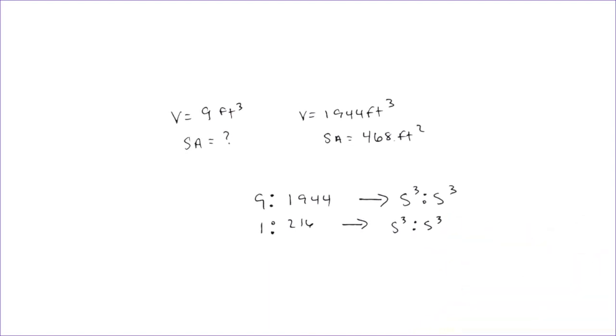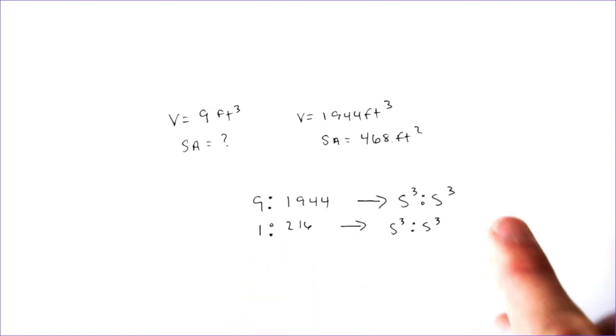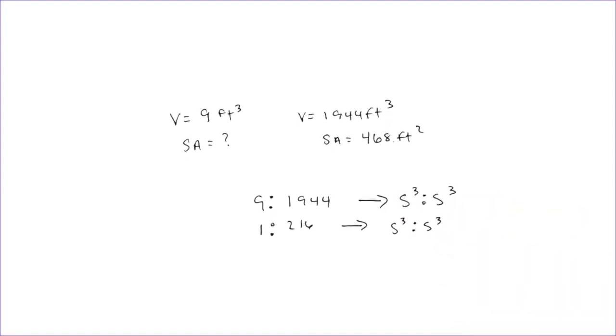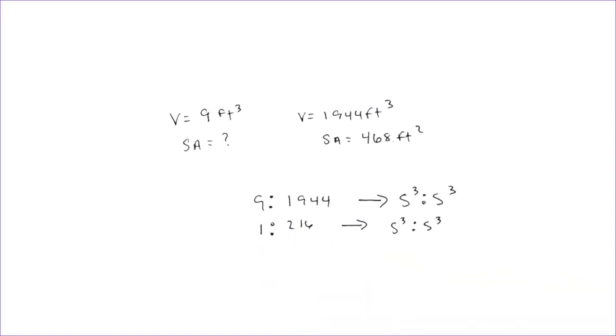So if that is equal to side cubed over side cubed, then you can figure out the side ratio by cube rooting the 1 and cube rooting the 216. The reason these are to the third is because volume is to the third power. If it were surface area, it'd be squared. So we are going to cube root 1 and cube root 216.